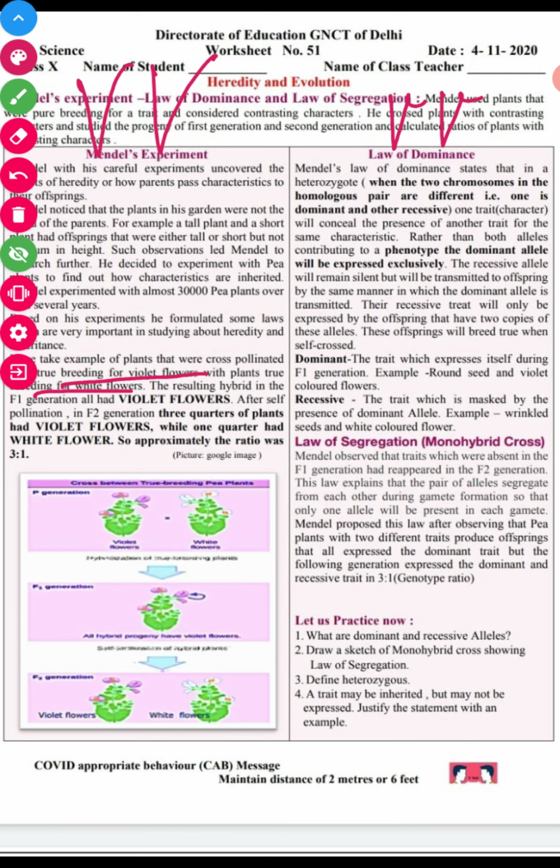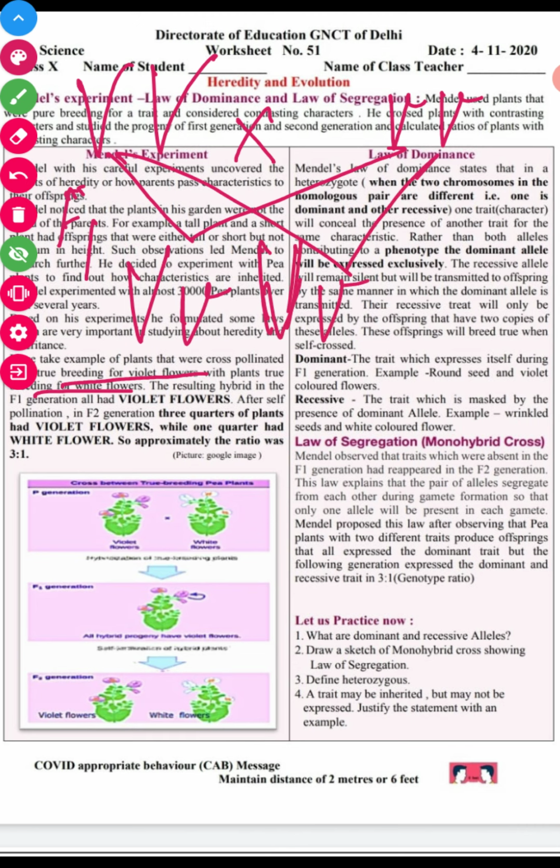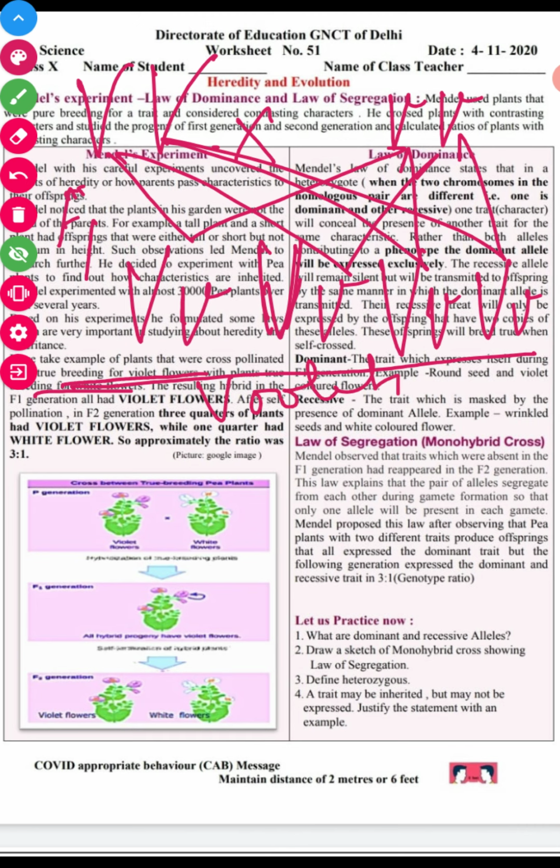If we take the resulting hybrid of the F1 generation, we cross this with this, and this with this. So this is the F1 generation, and all of them have violet color flowers.